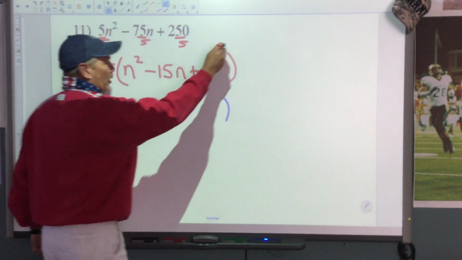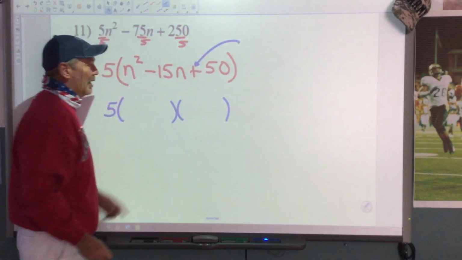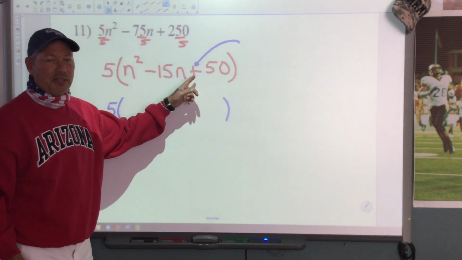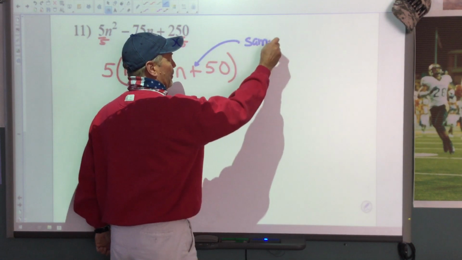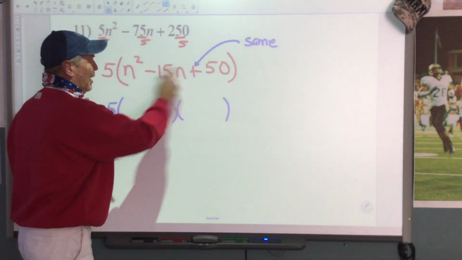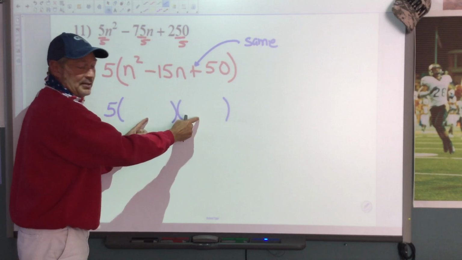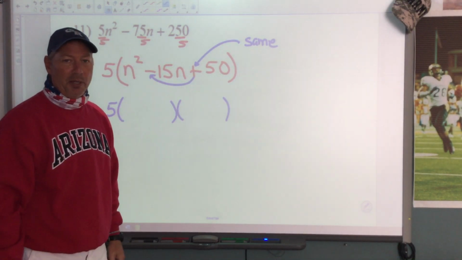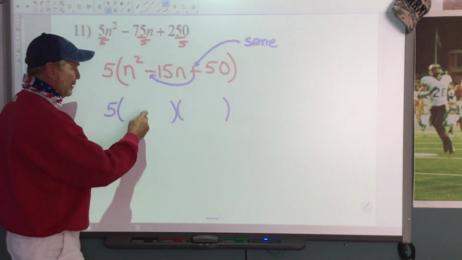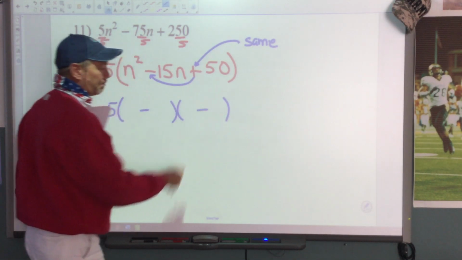Look at the back sign. That is a plus sign. Since it is a plus sign, it tells me my signs will be the same. These signs were going to be the same. This tells me what they're both going to be. This says they're both going to be minus signs, so I put a minus in here.